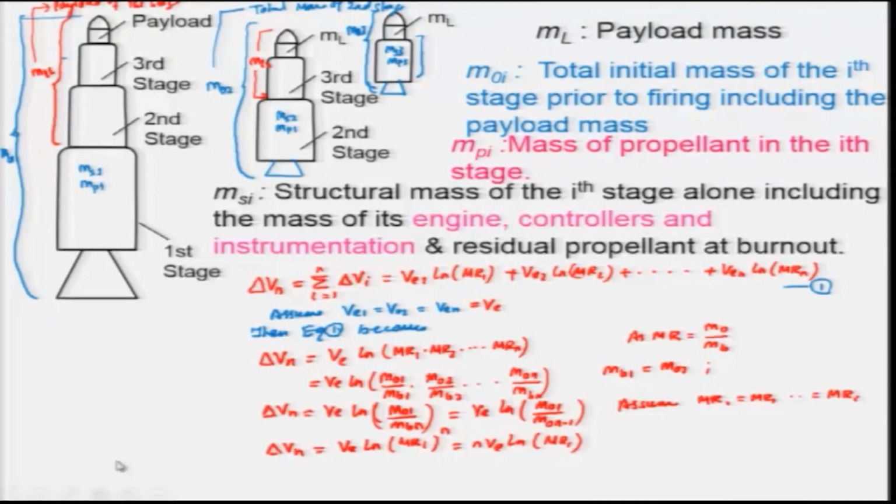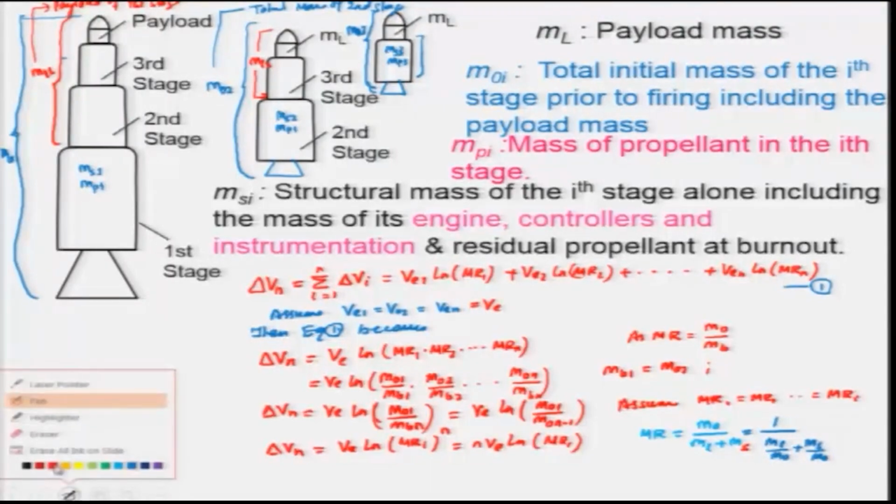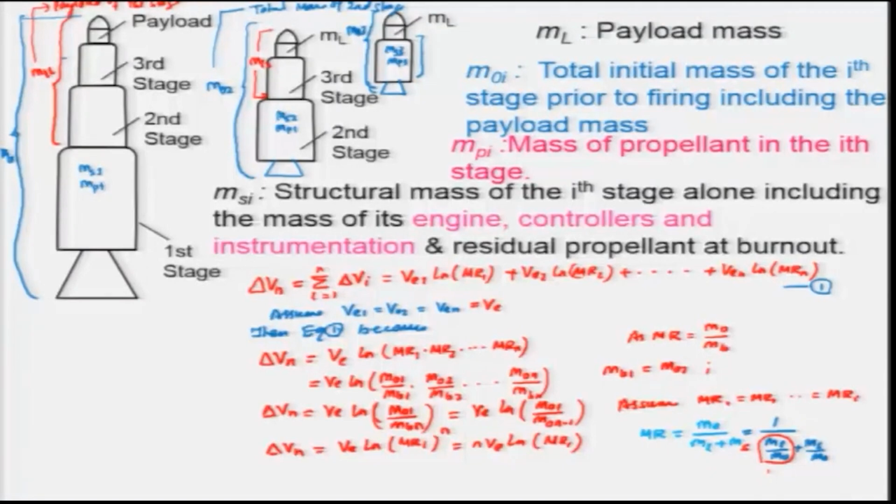Keep in mind that we know m_R is equal to m_0 divided by payload mass plus structural mass, that is 1 by (m_L by m_0 plus m_S by m_0), and this is your payload fraction, and this is your structural fraction.